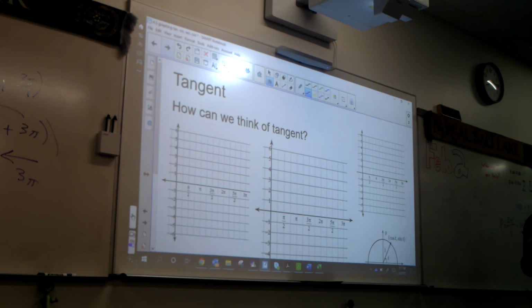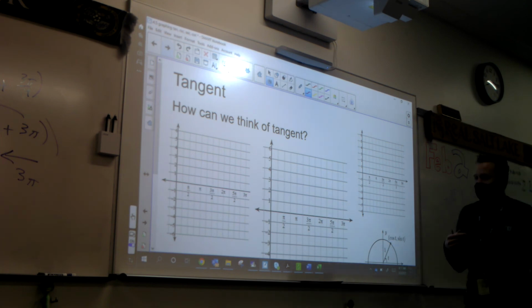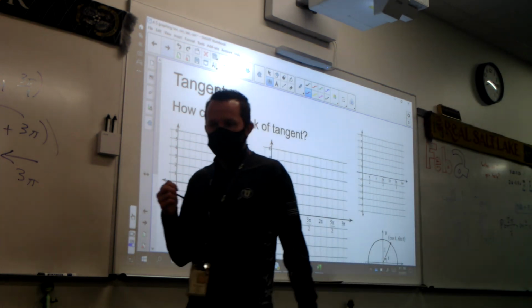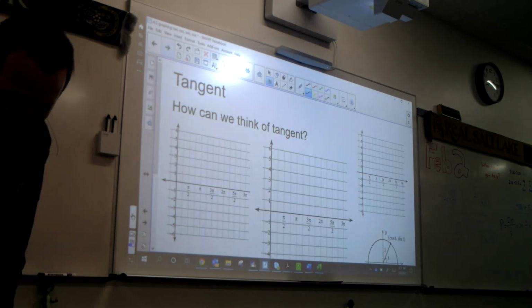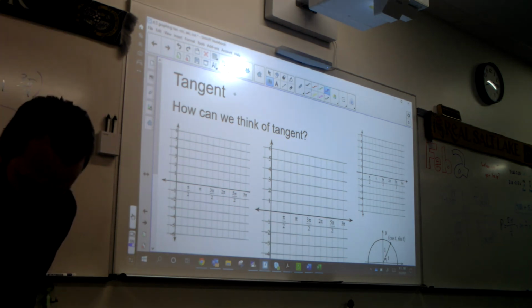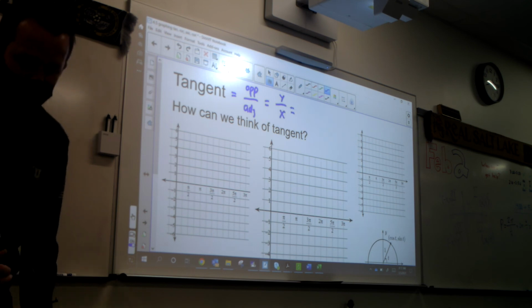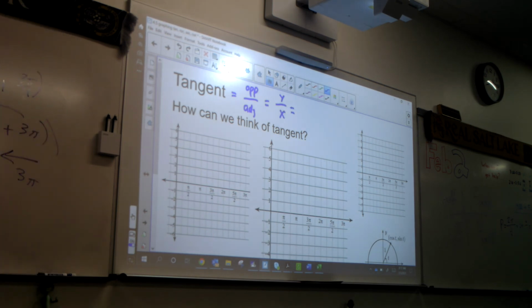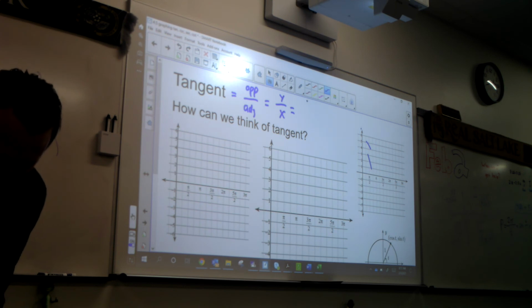Tangent is what? Opposite over adjacent. But then we got onto the unit circle, and we thought of it a little bit different. We thought of it using letters. We said, all right, well, the opposite side is the y value, and the adjacent side is the x value. But then we learned that on the unit circle, the y value is sine.